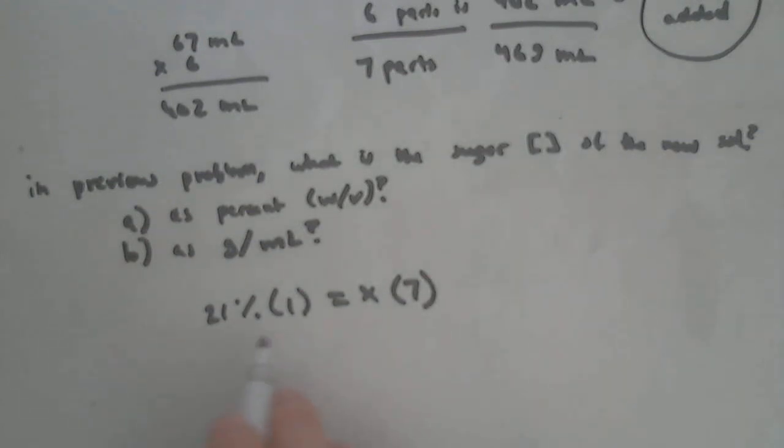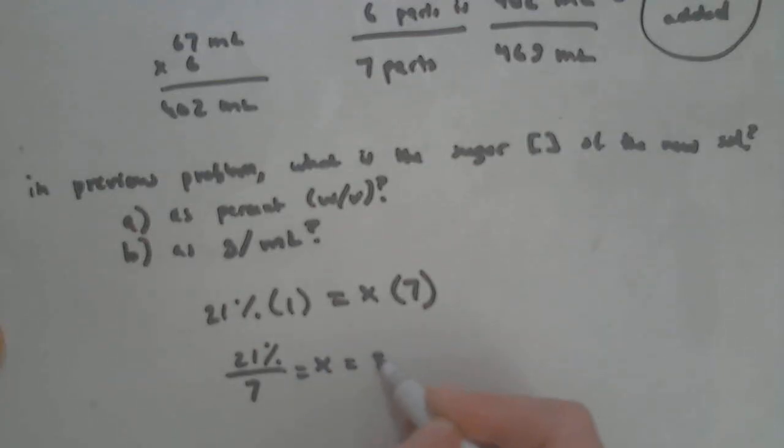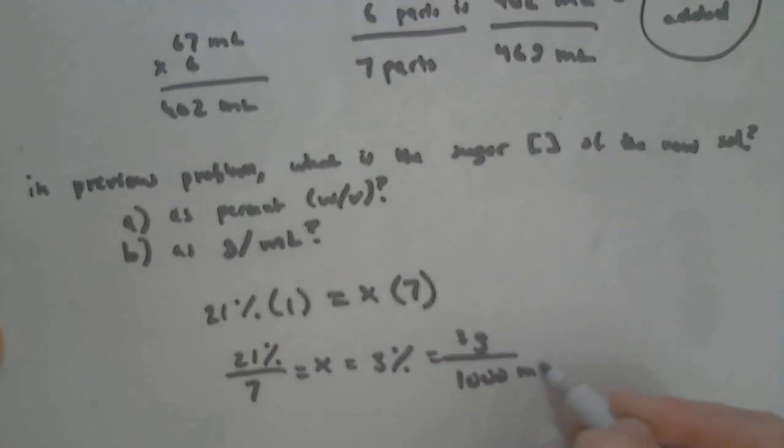If you remember how to do it, we're going to take 21 times 1, which is going to be 21, divided by 7. So 21% all over 7 is equal to x, right? 21 over 7, that's going to be 3. So 3%. Or in another case, that's going to be 3 grams over 100 milliliters.